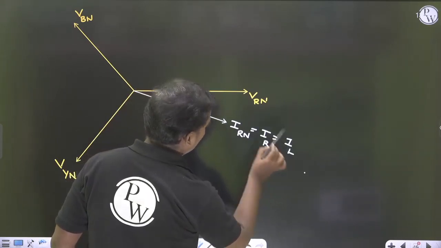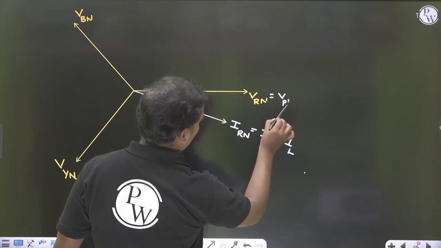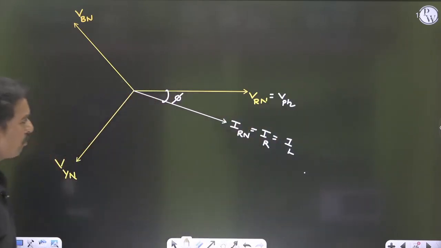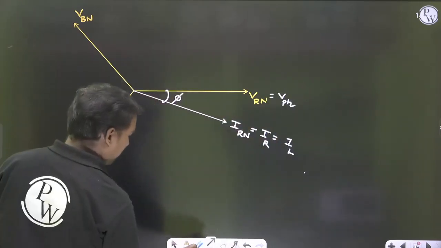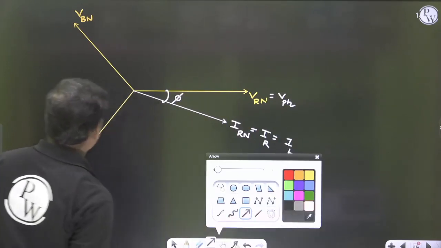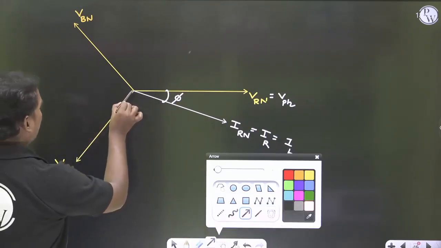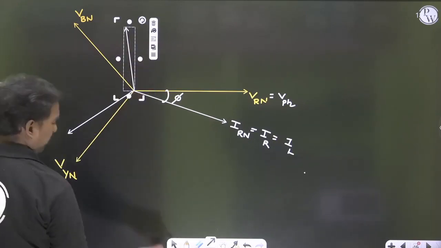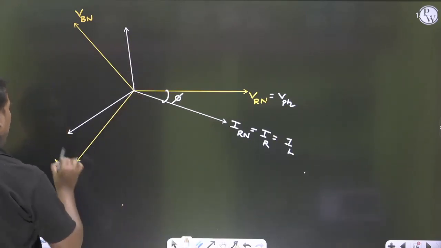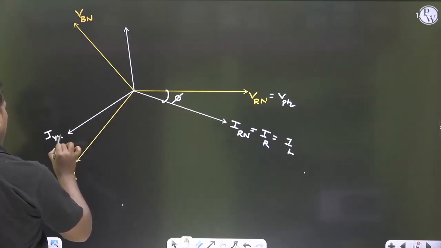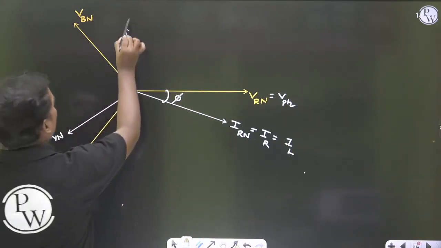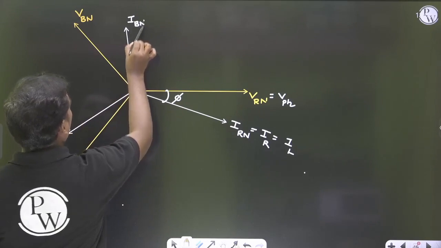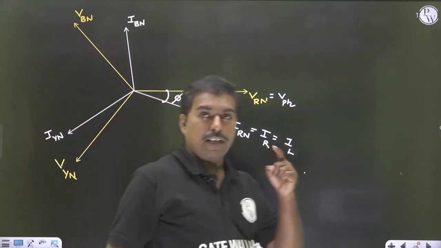Line current lags the phase voltage. Similarly, you check, these are the current phasors. Okay, so this is IYN, this is IBN. Current lags the voltage in a lagging power factor.